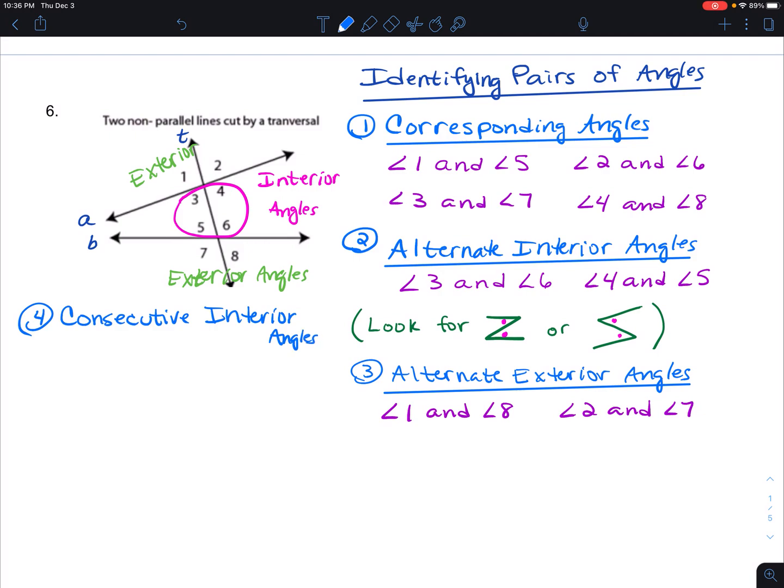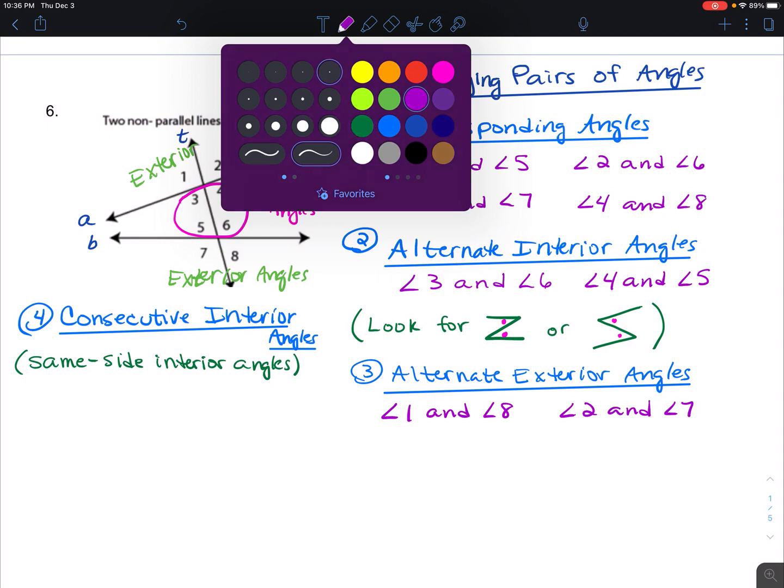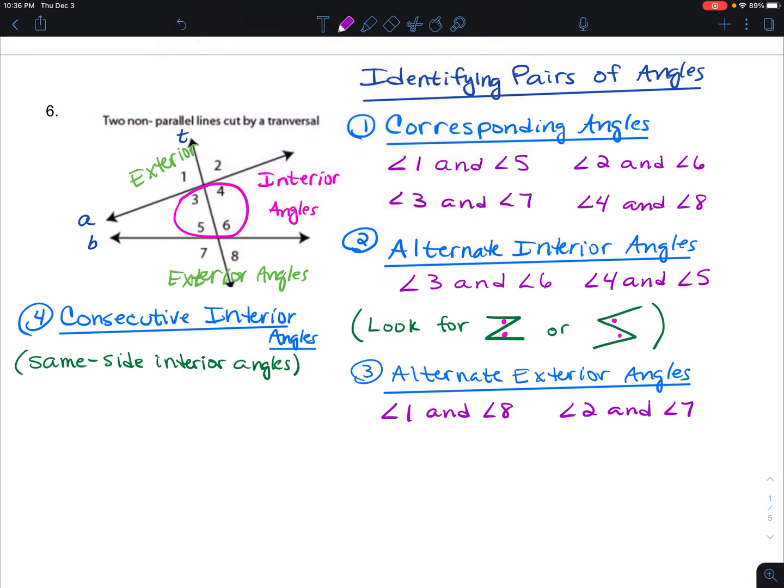Now, some books have a different name for these consecutive interior angles, which actually makes more sense: they call them same side interior angles. So either name is acceptable because they are both correct. You can call them consecutive interior angles or same side interior angles.